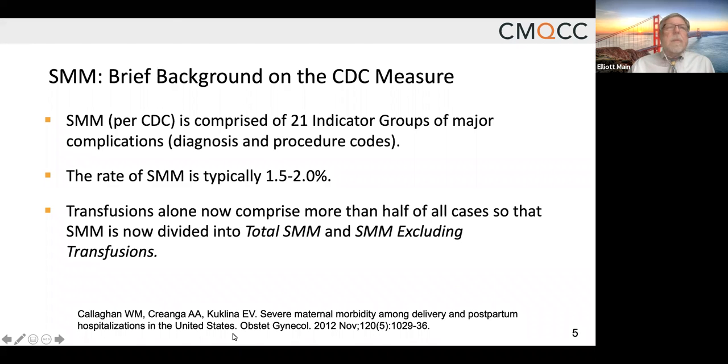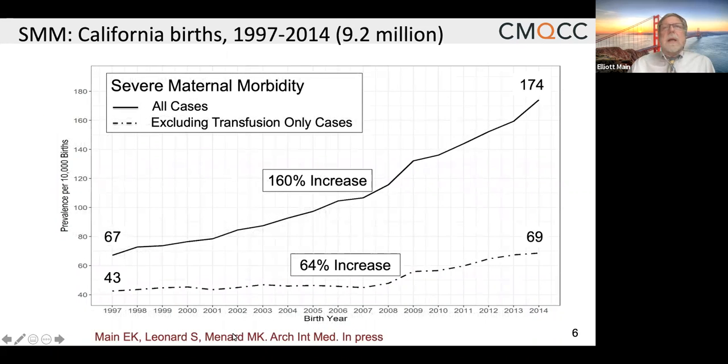Next slide. What we're looking at here is the rise in SMM in California, which parallels the rise in the US as a whole. Going back all the way to 1997, the severe maternal morbidity overall rate was 67 per 10,000 or 0.6%, and it's now at 174 or 1.7%.